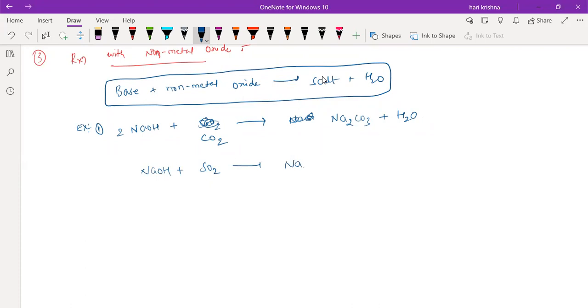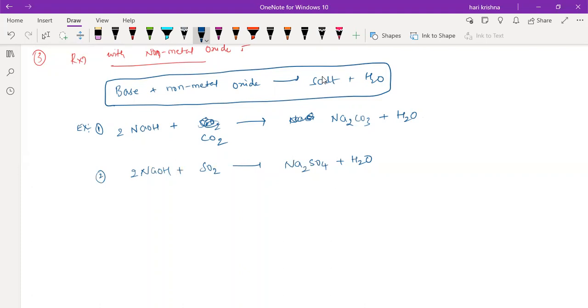Na2SO4, sir, plus H2O. Now balance this one. Not balanced, sir. Oxygens are not balanced.